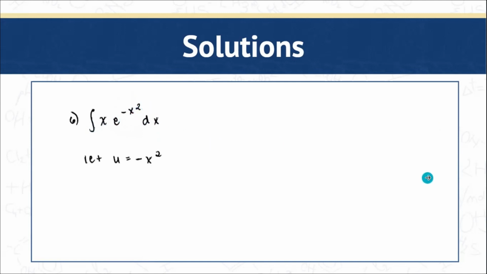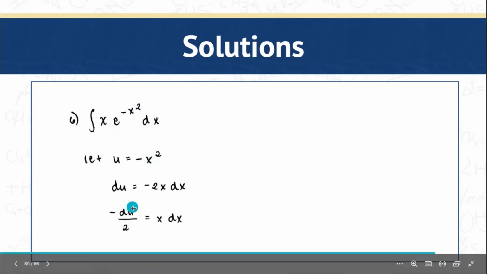So let u equal negative x squared. Du would then be equal to, the derivative of this is negative 2x. Du is equal to negative 2x dx. And solving for x dx, that's equal to negative du over 2. The reason we solve for x dx is because we can see this in the given, x dx. So we can substitute this part later on.